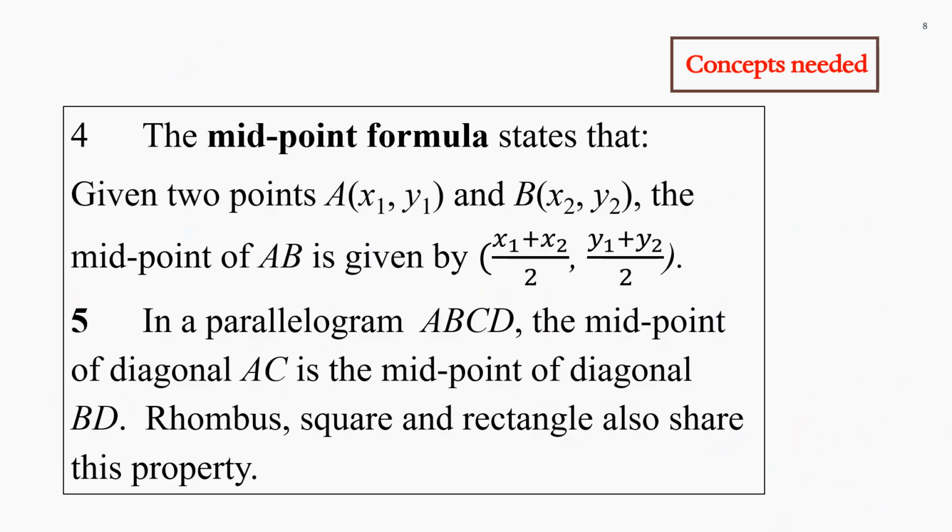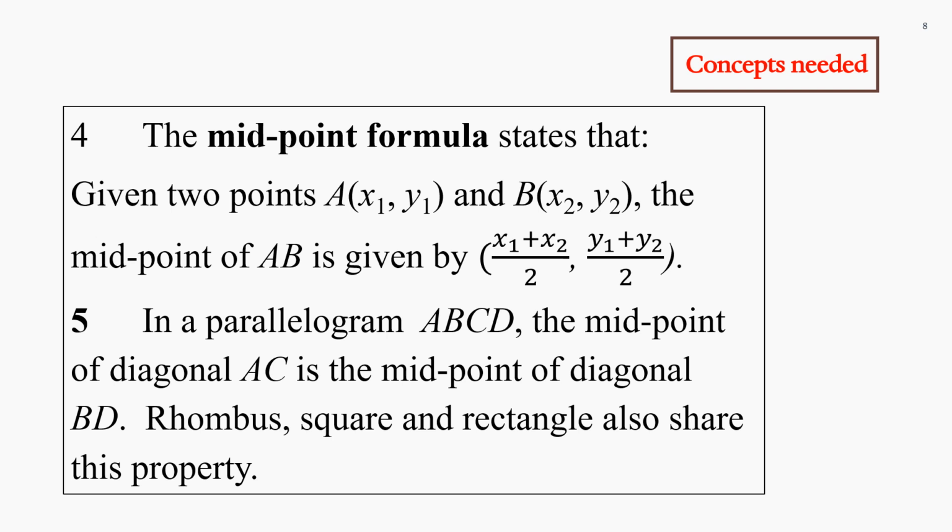Right, more concepts needed. In this chapter, coordinate geometry, we also need to know the midpoint formula. So if you're given 2 points A and B, the midpoint of AB will be x1 plus x2 divided by 2, and y1 plus y2 divided by 2.